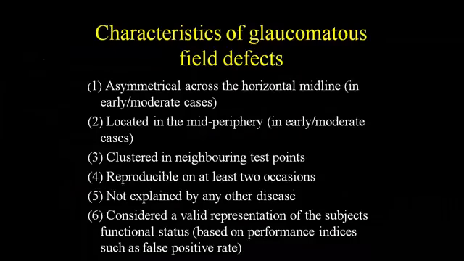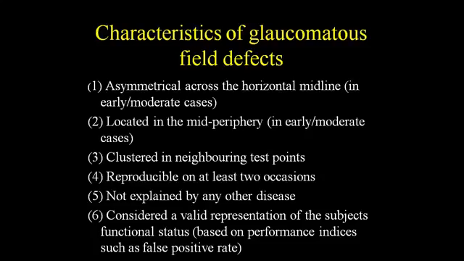Now you know that you may get a defect in a visual field due to other neurological diseases as well. So there are certain characteristics which differentiate a glaucomatous visual field defect from the rest of the causes.